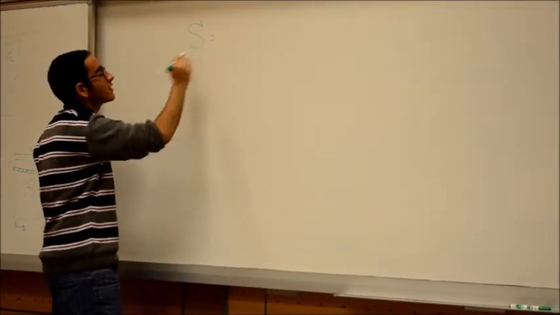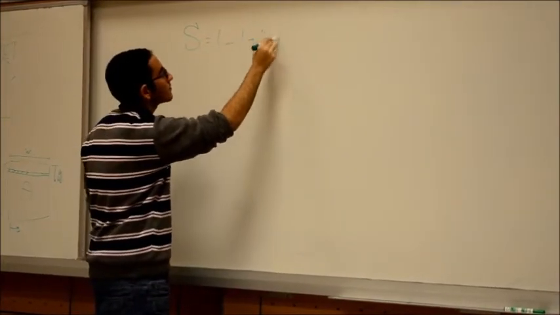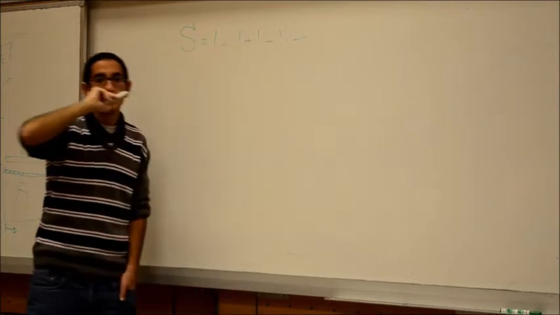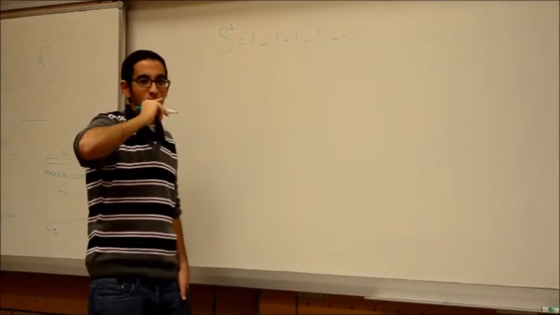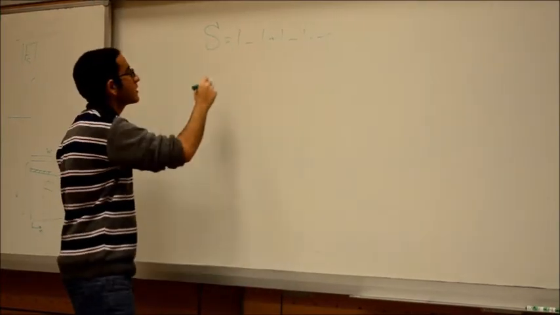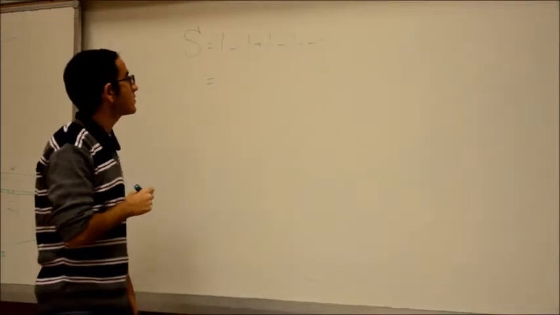Alright, so let's define an infinite sum S as 1 minus 1 plus 1 minus 1 and so on. Alright, what do you think this sum is going to give us? 0? Can it be 0? So addition is associative, as we learned in middle school.